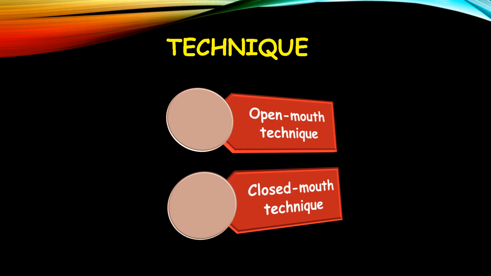The next is closed mouth technique. Here the oral mucosa is recorded in a functional and compressed form, and the occlusal loading during impression making is comparable to occlusal loading during function. So it is indicated for atrophic ridges. So these are the 2 techniques used for impression making.